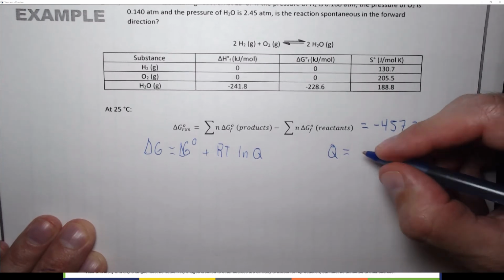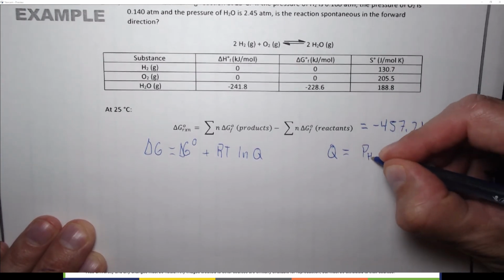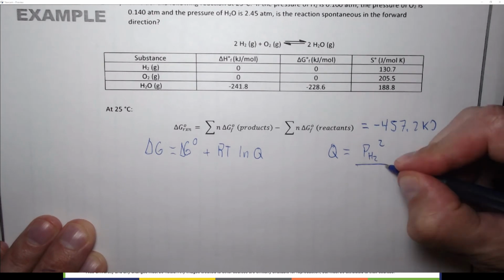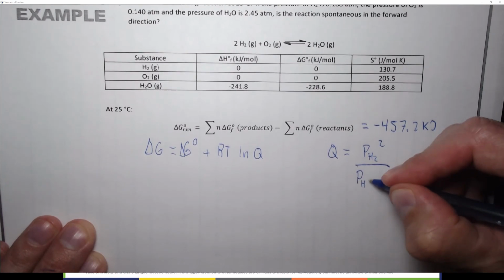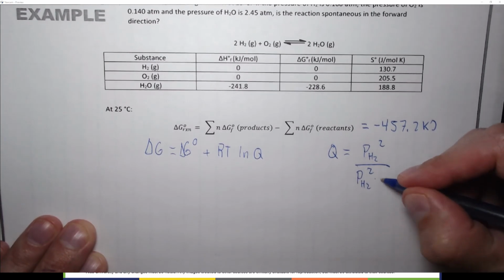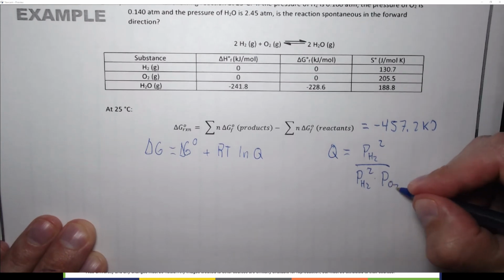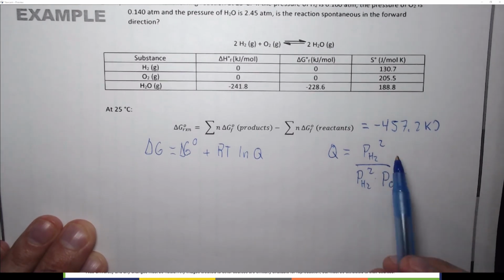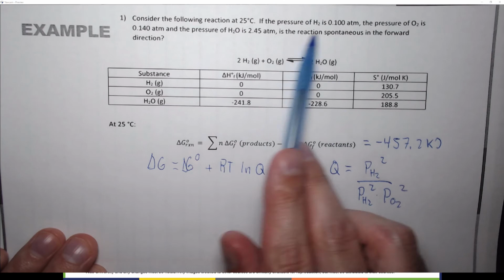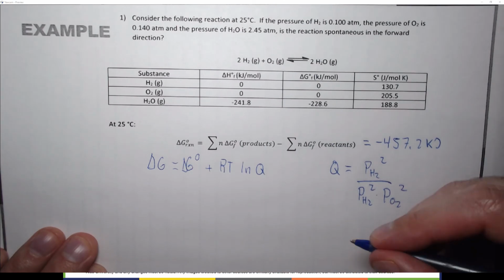In this case, Q is equal to products over reactants. So it's going to be the pressure of water squared divided by the pressure of hydrogen squared times the pressure of oxygen. So instead of concentrations, we're given them in units of pressure, atmospheres, so we can plug them in this way.